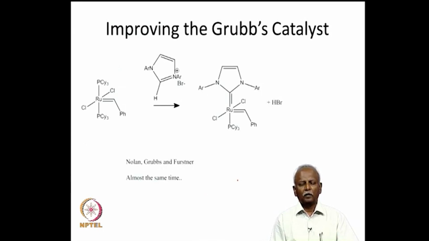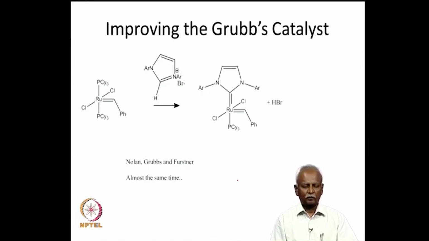Now, after Grubbs declared the synthesis of this catalyst, it turns out that several people wanted to make better metathesis catalysts, something that would be more reactive than the first generation catalyst, which could not be used with several substrates.